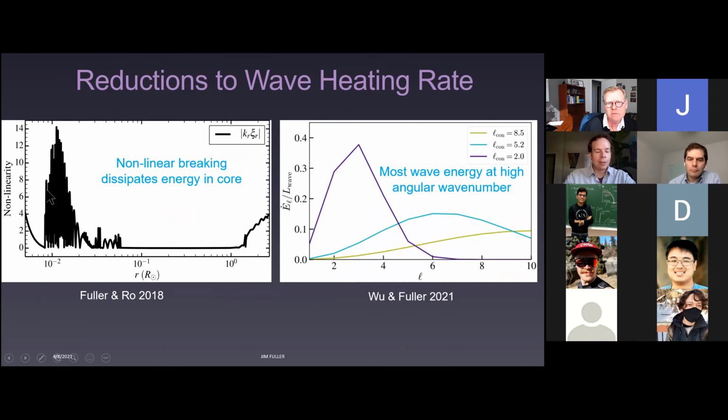So we are trying to account for that in our models now. Basically, when the waves become nonlinear, like in this case, we suppress their power until they become linear again. But nonlinear wave breaking is a very complicated process that's hard to calculate analytically. So I think that's one of the major sources of uncertainty, is how much do these nonlinear effects really damp the waves before they get out?